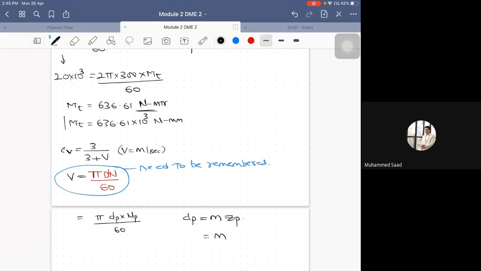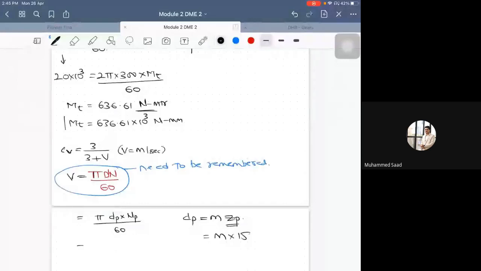So the module is not being calculated; keep it as it is. But what about zp? You have it, I guess, right? How much is the value of zp? 15. So substitute in this.